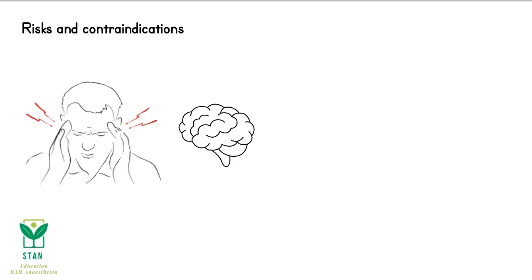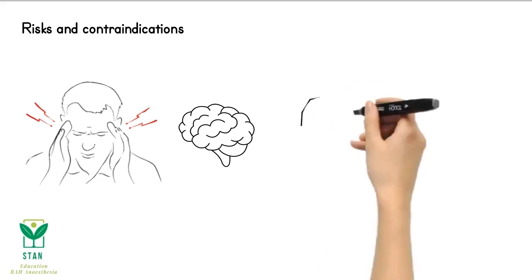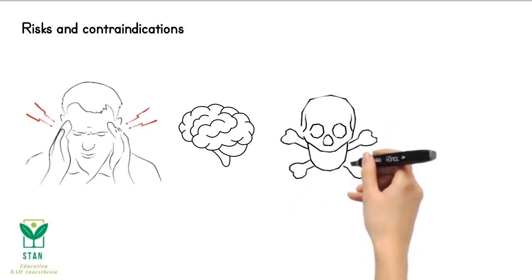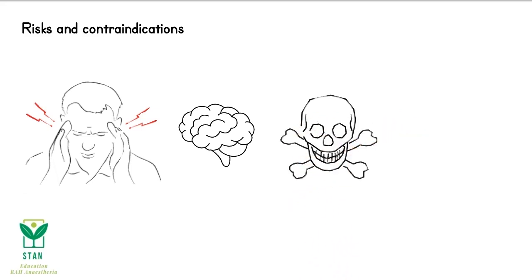The volume of local anaesthetic used is much greater in the epidural, and if you are unaware that you've put the catheter into a vessel, then injecting that large volume into the intravascular space can result in local anaesthetic systemic toxicity with arrhythmias, cardiovascular collapse, loss of consciousness and seizures.